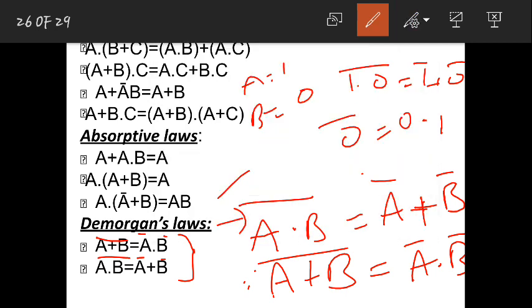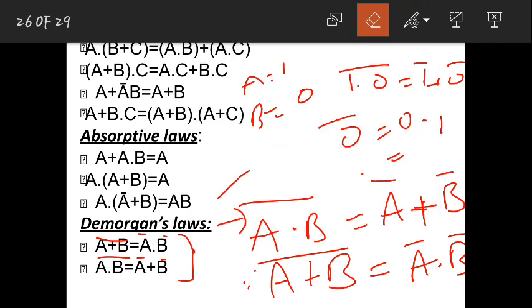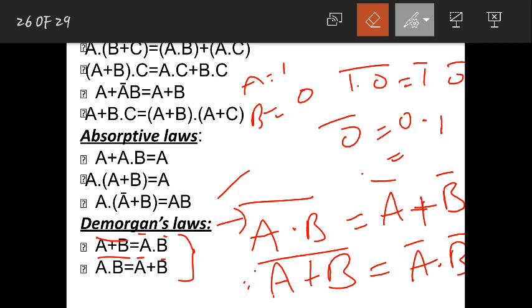Yeah, I have made a mistake over here. See, this is not dot, I read it like a dot, this is plus.